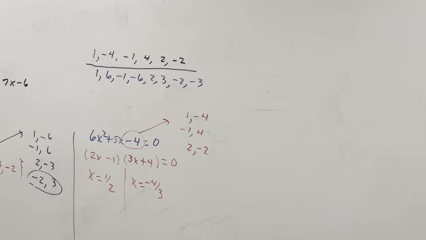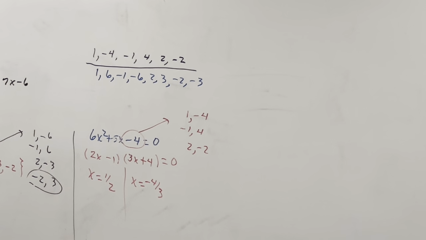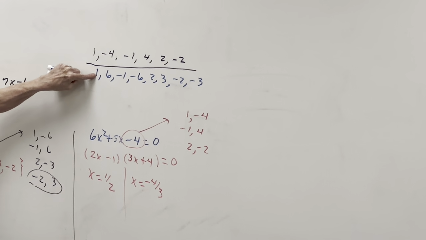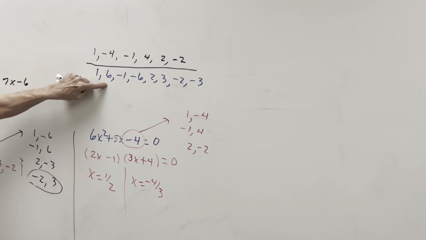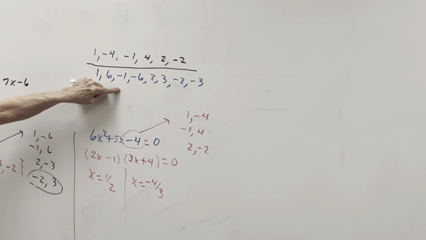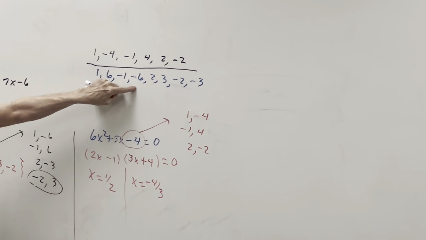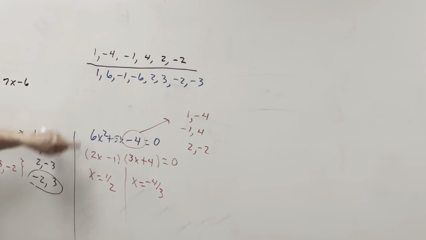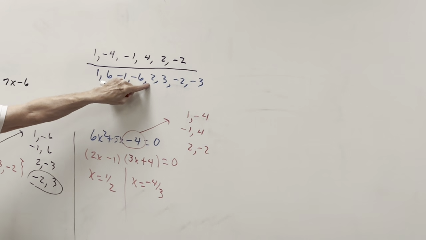And then he said, what am I going to do now? I said, well, you're going to still test. You're going to plug in and see what works. He said, what number should I plug in? You got to be patient. Now I have like a quotient, a ratio, a fraction. 1/1, test it. 1/-6, 1/6, test it. Look how tedious this is. 1/-1, test it. 1/-6, test it. 1/2, test it.